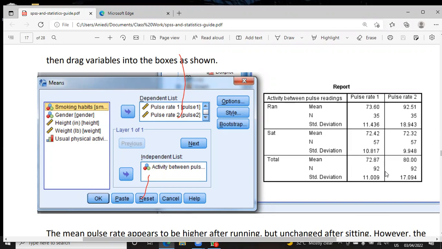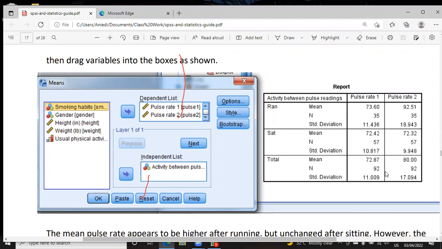Supposing the independent variable had to do with gender, it could have been the independent t-test. You understand?